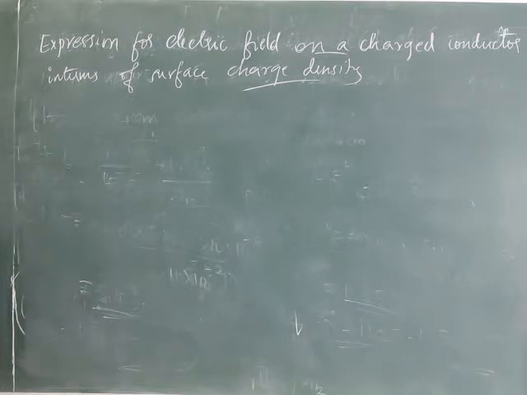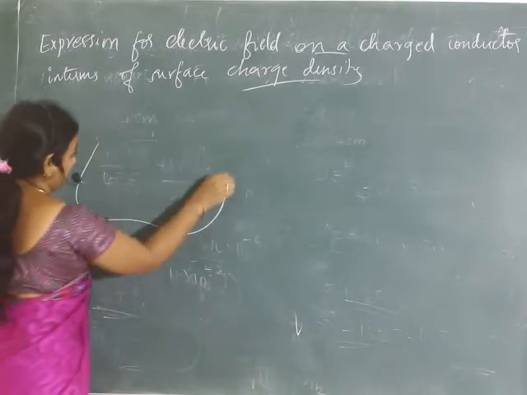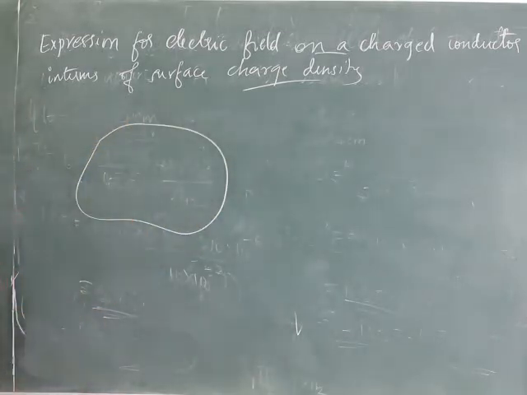Let us consider a conducting surface. Okay, one conducting surface we have considered. On that conducting surface, we will imagine a Gaussian surface in the shape of a pillbox.